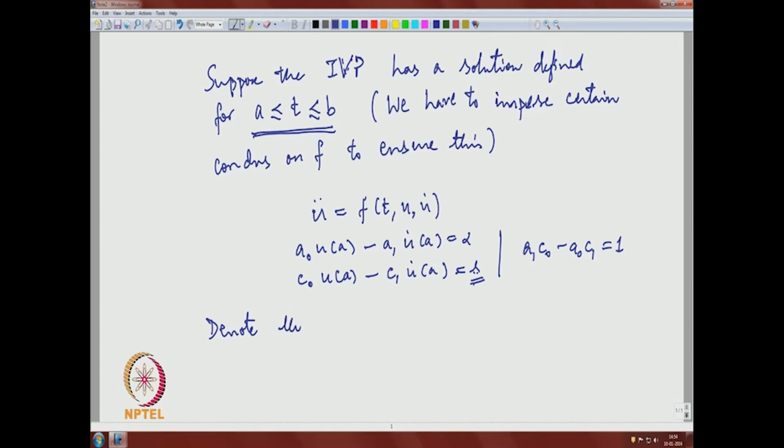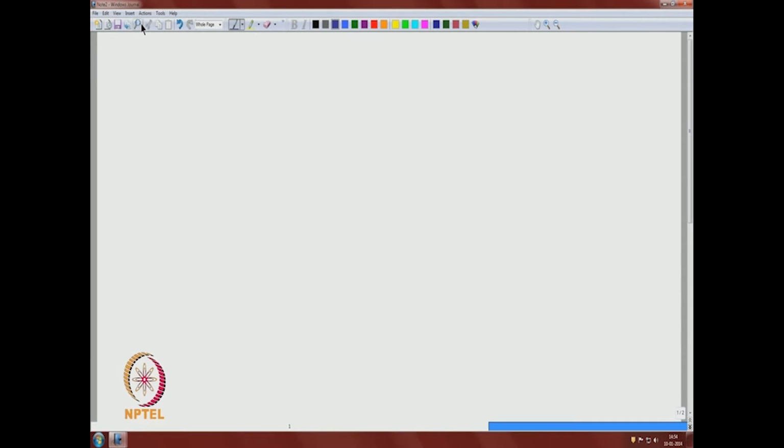Okay. So, to emphasize the dependence on S, denote the solution by U of T, S, and S is coming from the second condition we are imposing at A. And now you form this.